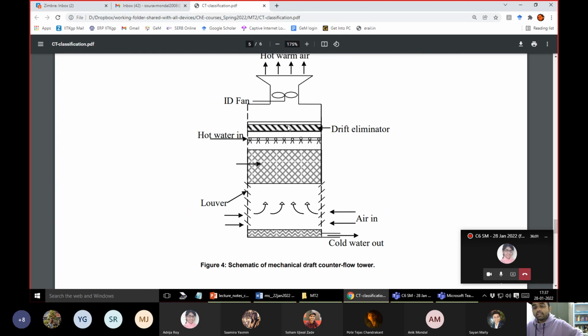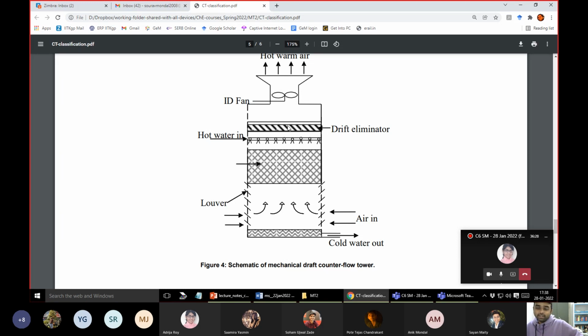You can think of the exhaust fans that are present in your washrooms. That is the easiest example I can think of. They are present where you want the air to go out, and the air comes in through the entry door, right? And there is an induced airflow to the entire chamber. This is what you mean by the induced draft mechanism, where you place the exhaust fan at the exit of the system.